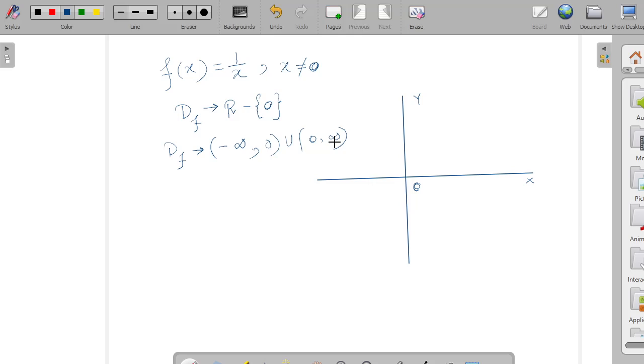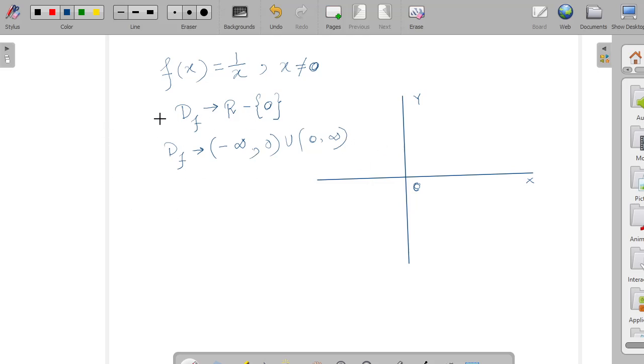So this is the expanded format for writing the domain of the function, and this will give us the endpoints of the domain, because we need to locate the endpoints. These are the 4 endpoints: minus infinity, 0, 0, and infinity. So this will give us a better picture of the domain of the function.